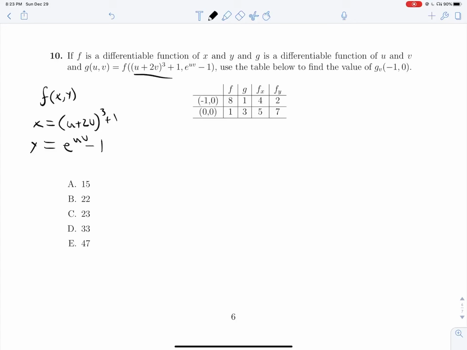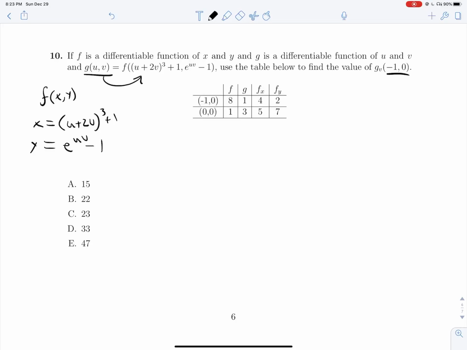And we are using the table below to figure out gv at negative 1, 0. Well, we know that g of u and v is just equal to this thing over here, so we can think of this in terms of f. It's very important to note that this negative 1 and 0 are values for u and v over here. We're going to need to see what this is equal to in terms of x and y in order to be able to solve anything at all.